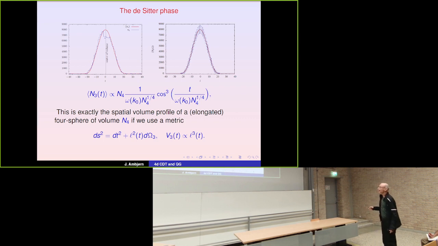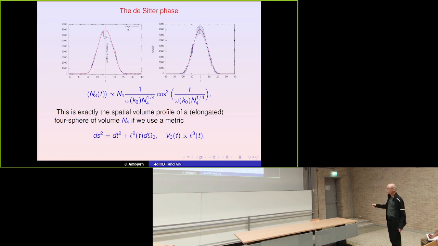So anyway, here I show such a computer-generated thing where this is the three-volume of the spatial slices, which is plotted up here, and this is the time here. So here you see the blob, and this is a real configuration, and then you take the average of a couple of millions of these, and then you get this beautiful red curve, and here the size of the error bars are also measured, and you see that the expectation value fits perfectly the cosine cubed.